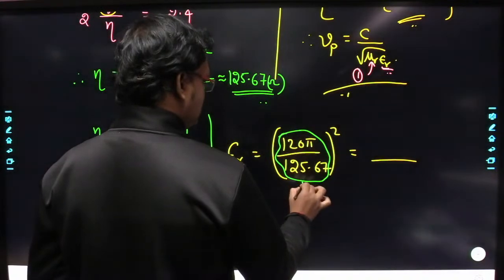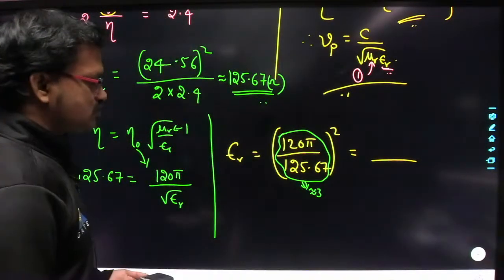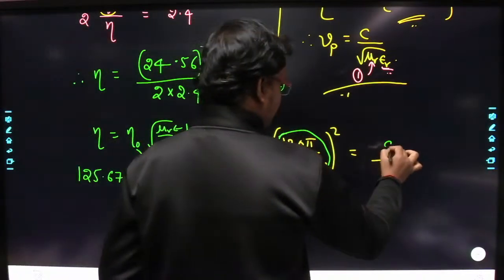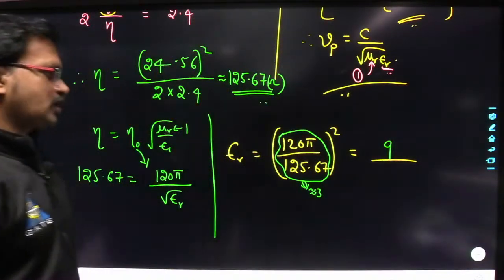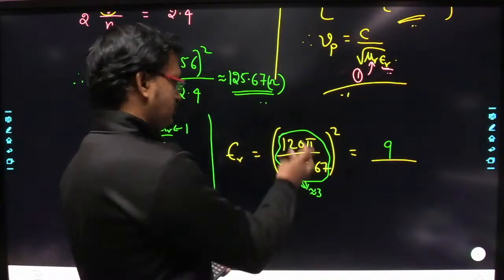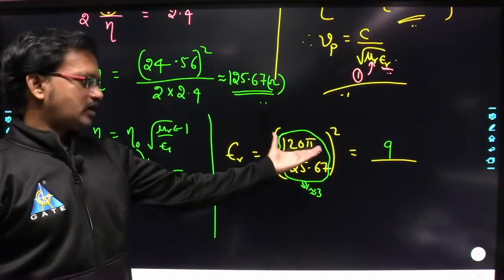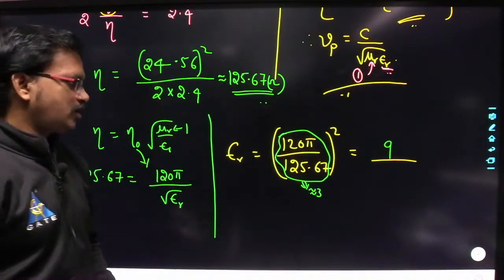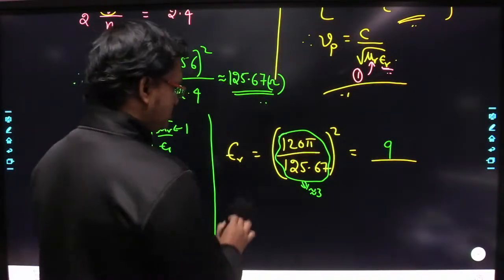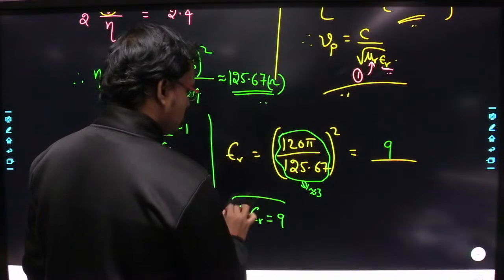We are getting 2.9999 something, so we can approximate it as equal to 3. 3 square is 9. Therefore, epsilon r value is equal to 9.